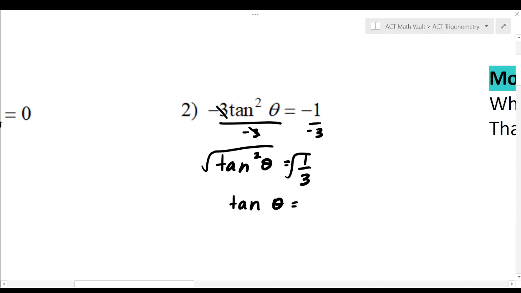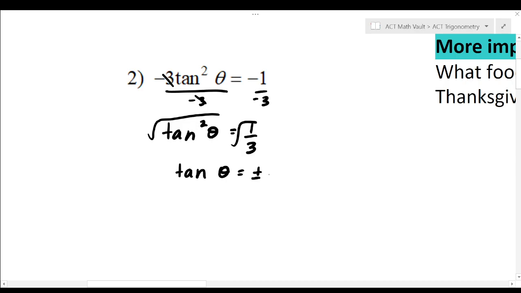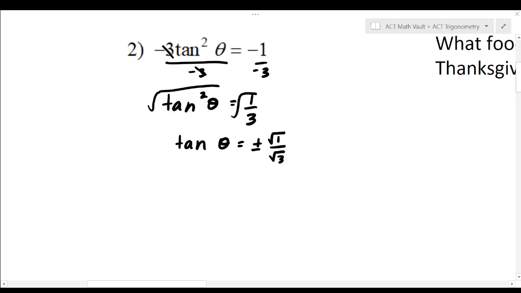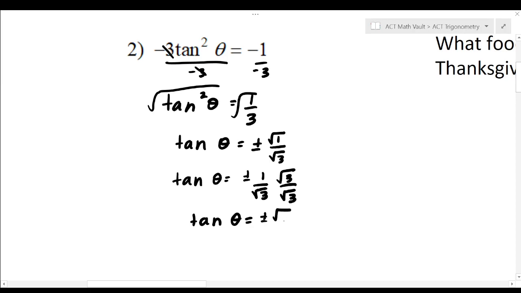When I square root both sides, I have to remember that it's positive or negative as my answer. And I need to square root the top and square root the bottom separately. That is going to give us 1 over √3. You cannot leave a √3 in the bottom basement. So we'll say √3 over 3.